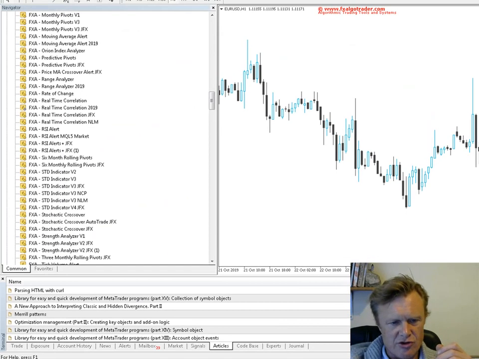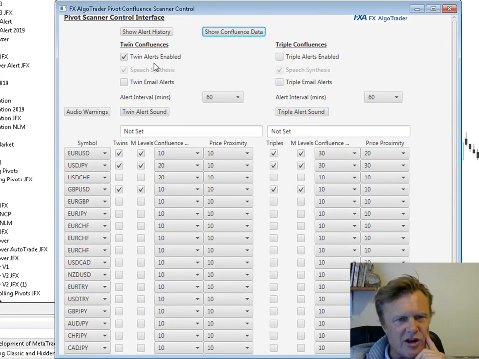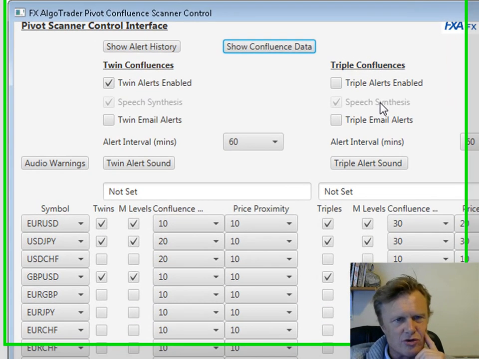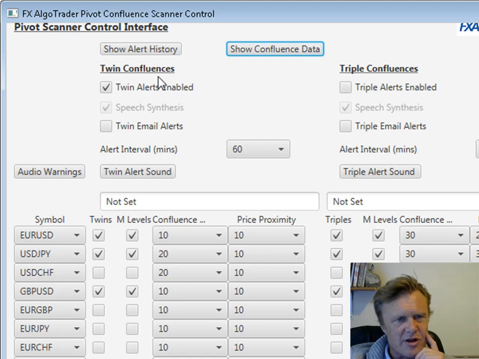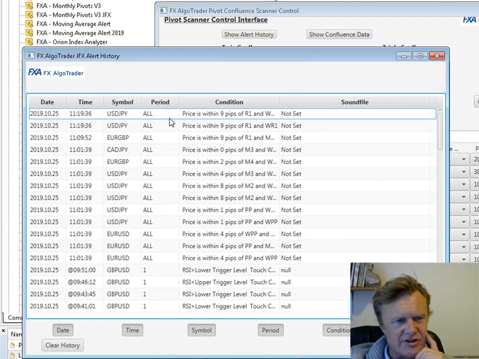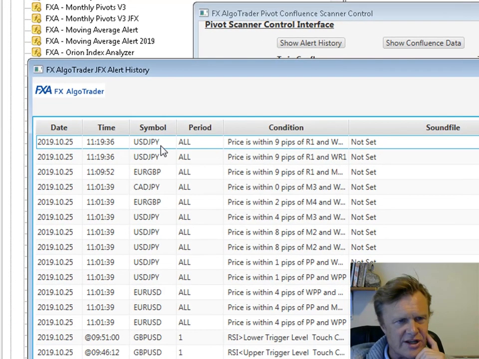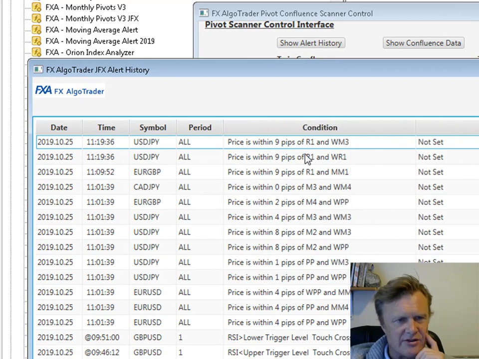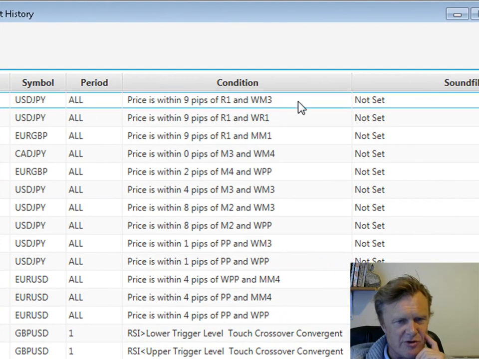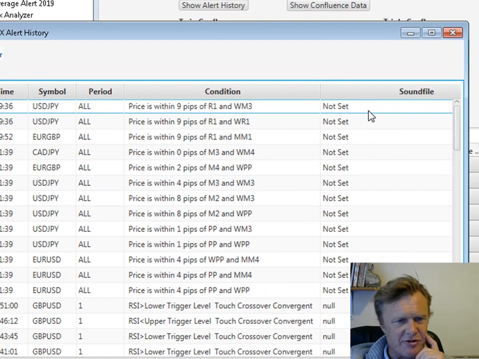The controls that you can access: you can have alerts based on twin or triple levels. You can look at the alert history, which you've seen down here. We're getting alerts on dollar yen, same prices within 9 pips of WR1 and R1 and WM3. We haven't set a sound file for that.